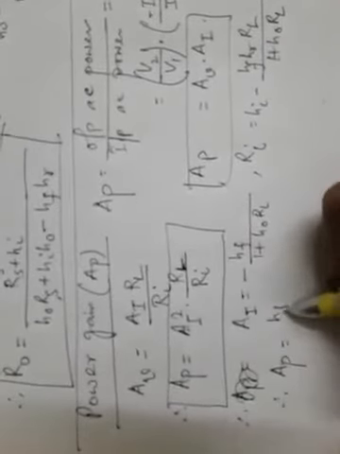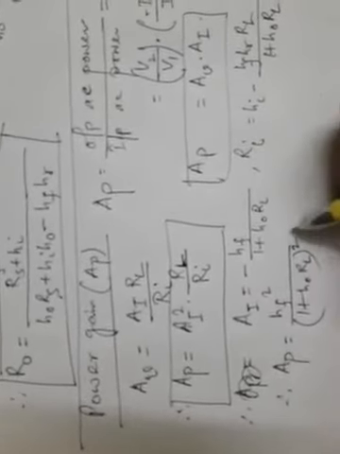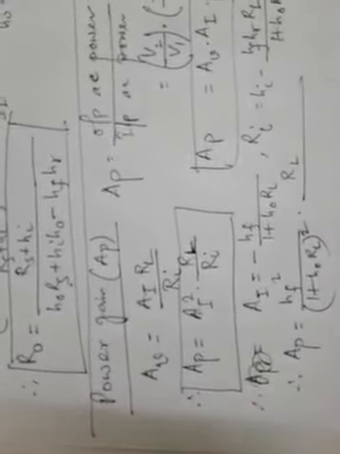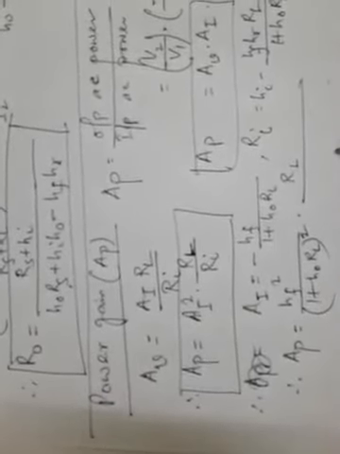So AP is AI squared, that is HF squared divided by (1 plus HORL) whole squared, whole into RL by RI. RI means this one, so we should be putting this here.